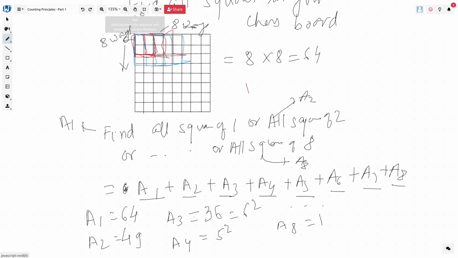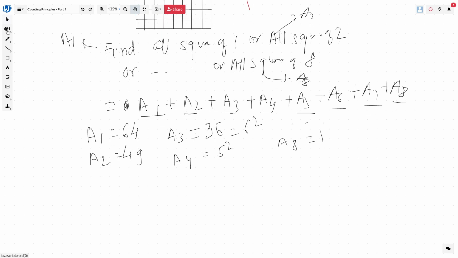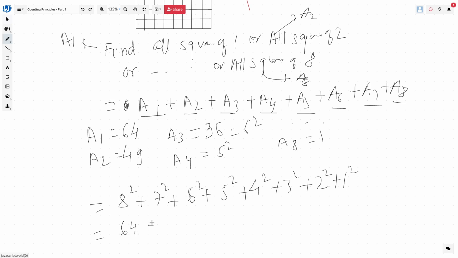So we reach the conclusion that the total number of squares will be nothing but 8 square plus 7 square plus 6 square plus 5 square plus 4 square plus 3 square plus 2 square plus 1 square, which is again nothing but 64 plus 49 plus 36 plus 25 plus 16 plus 9 plus 4 plus 1.